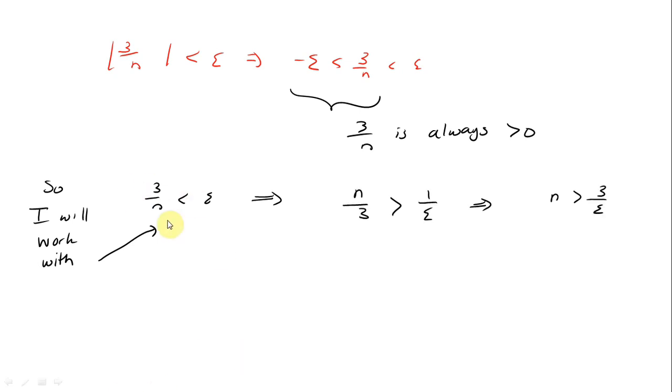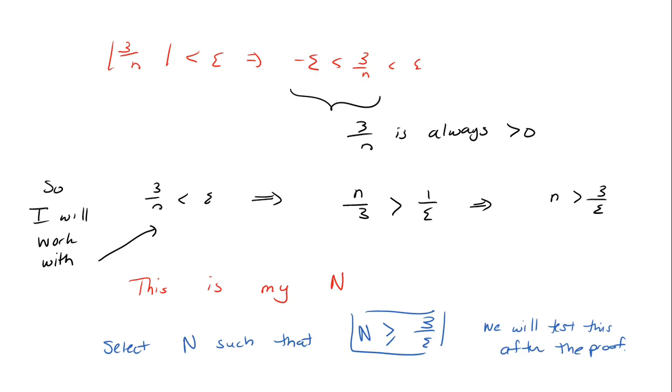If I flip both sides, I get n over 3 is bigger than 1 over epsilon, and I get that little n has to be bigger than 3 over epsilon. This is almost weird when you see it backwards, but I'm going to show it to you forwards and it's going to make sense. That's going to be my capital N. Capital N is going to be the first positive integer that's bigger than 3 over epsilon.